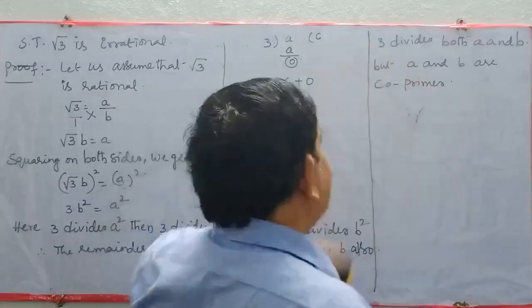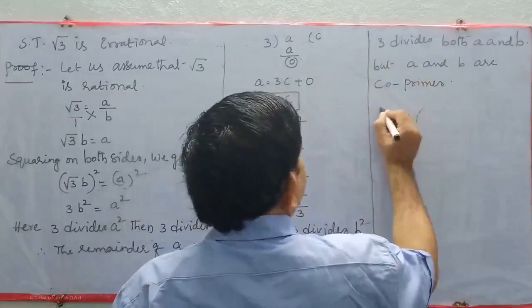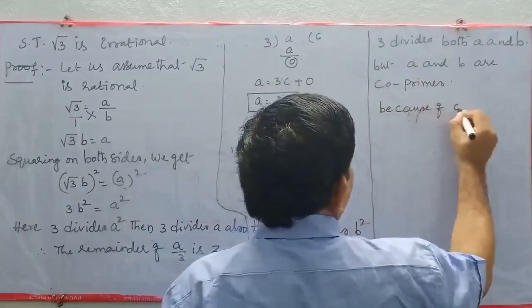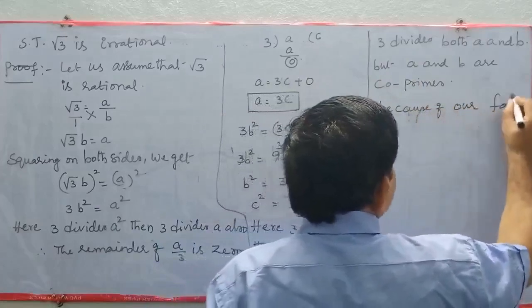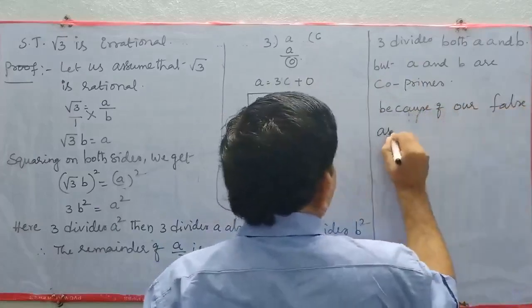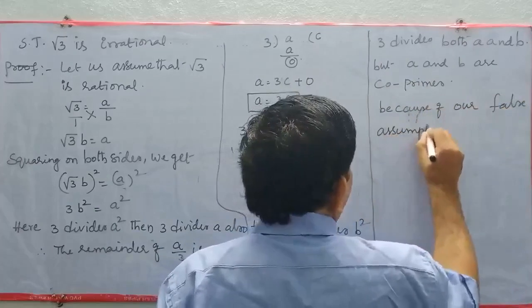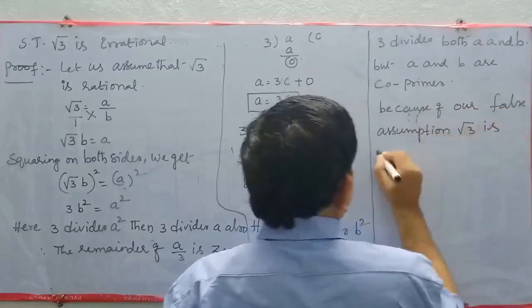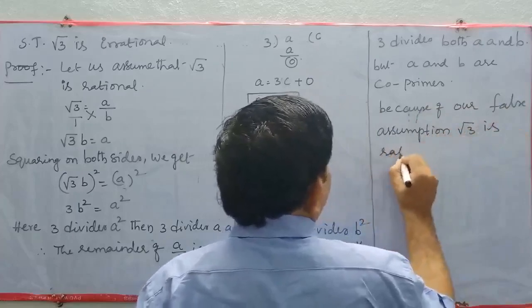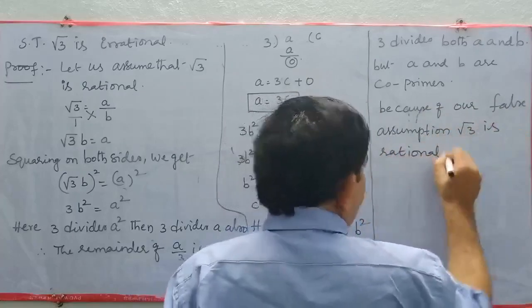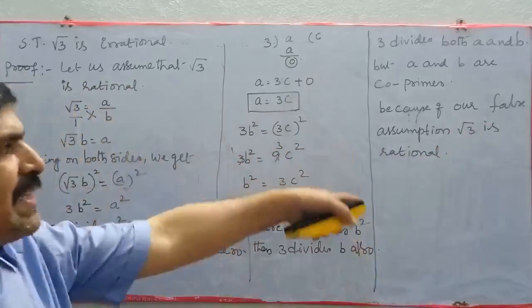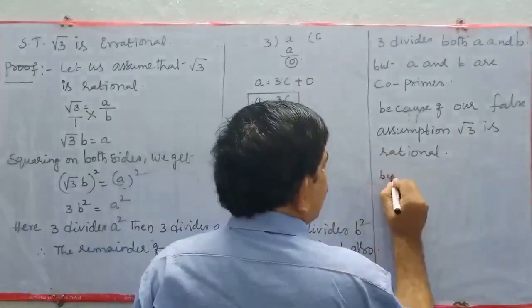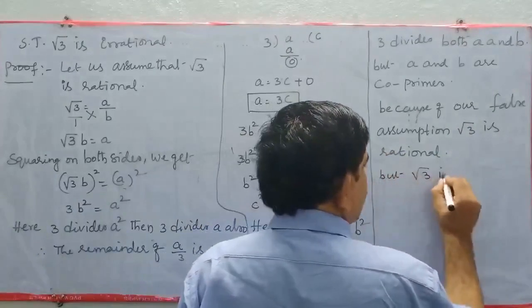Therefore because of our false assumption, root 3 is rational, but root 3 is irrational.